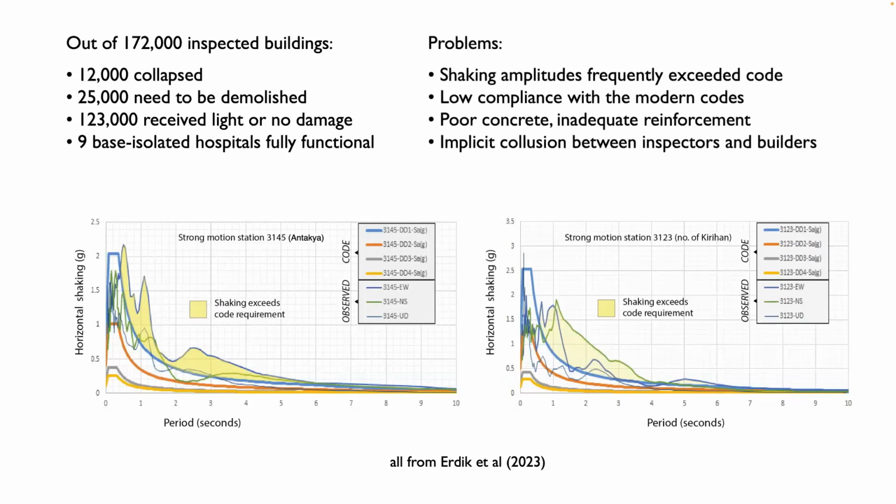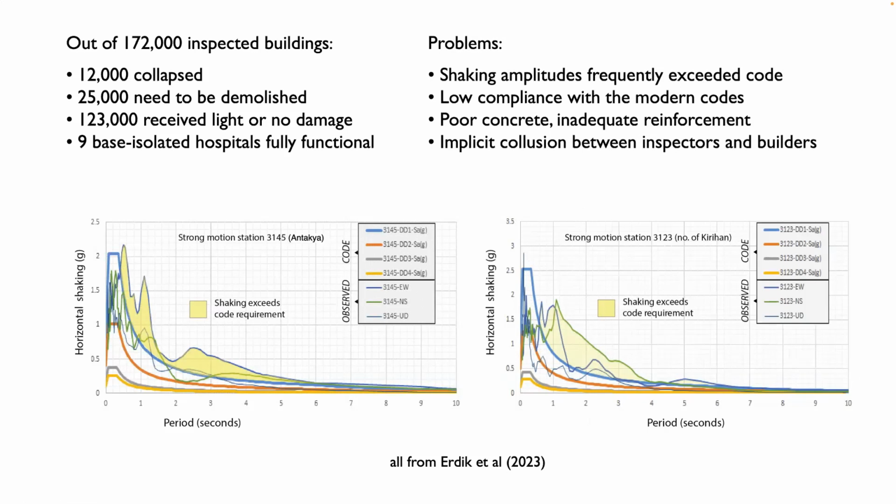One of the important things that hasn't really been captured in the news is that in many cases near the fault, shaking amplitudes exceeded the code requirements. And I'm showing you that in these 2 figures below. So let's take a look at these. The thick blue line is the code requirement, the most stringent code requirement. That's this guy. And the other lines, the squiggly lines, are the actual recorded motions.